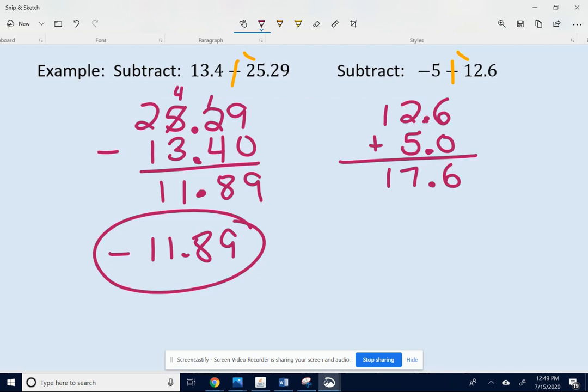Now go back and think about the sign. We have a negative plus a negative. The signs are the same, so we keep the common sign to be negative. Negative 17.6. Try the next two write-it problems and see how you do.